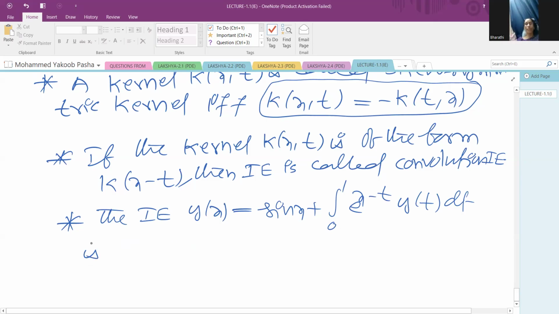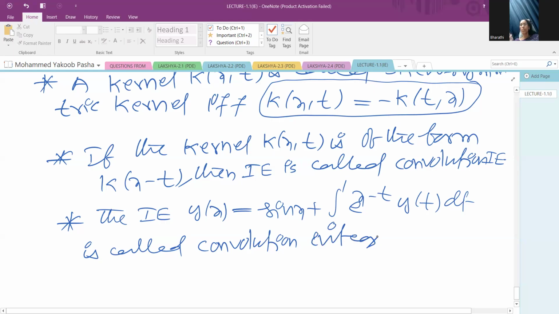It may be e to the power of x minus t, it may be sin x minus t, it may be cos x minus t. You can remember it in the form of x minus t.